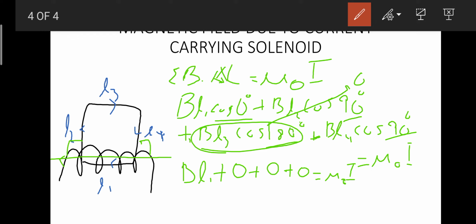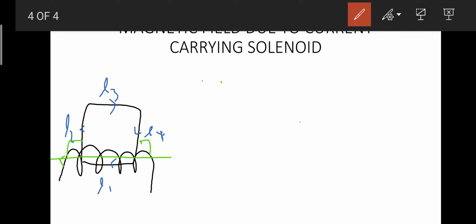So ultimately what we have seen is that BL, or BL1, whatever you want to write, equals mu naught I, right? So lastly what we derived is BL1 equals mu naught I, right?